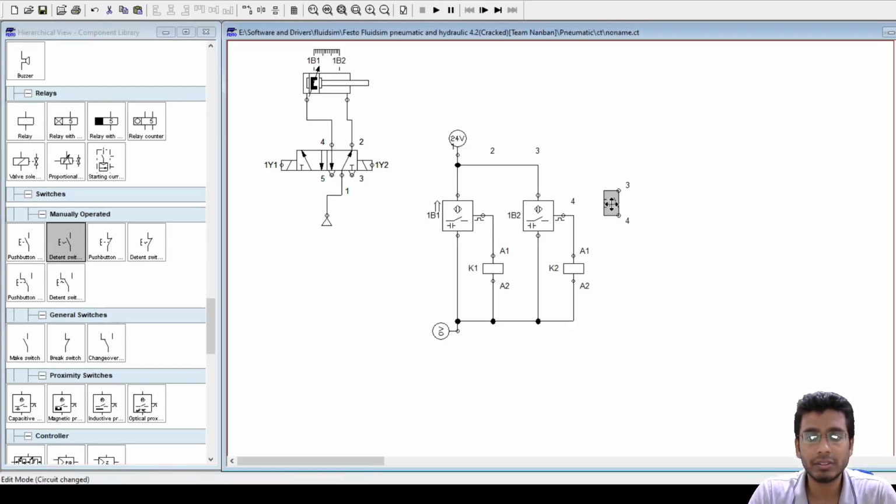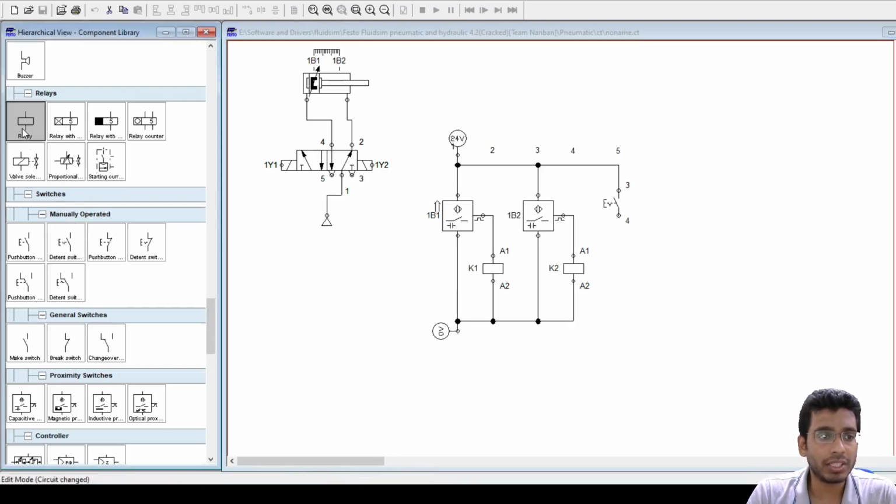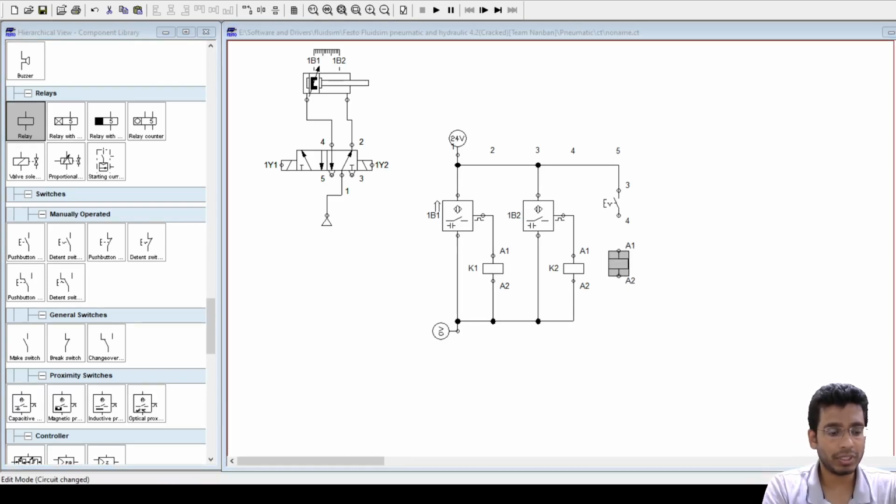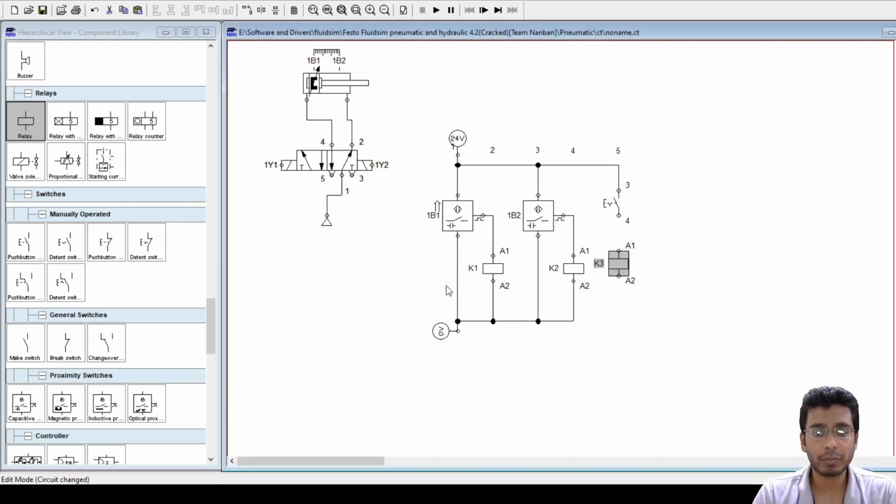Fine. Right, and with this switch we'll use another relay here. Okay, so we'll name it K3.